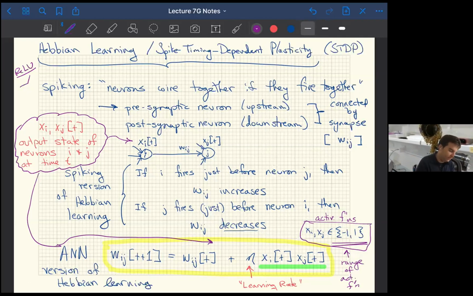For simplicity, let's just consider a Heaviside activation function, which is like a step function, that instead of taking 0 and 1, I've shifted down, so it goes from -1 to 1.